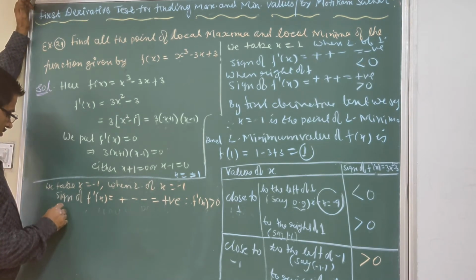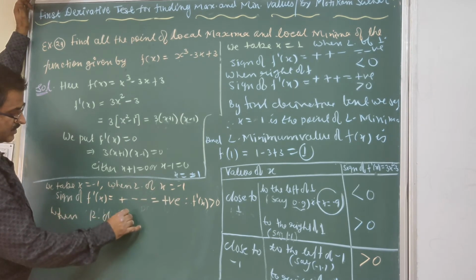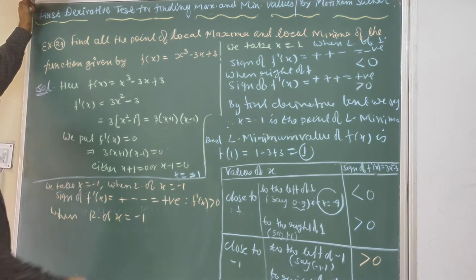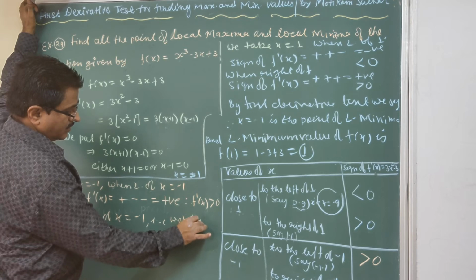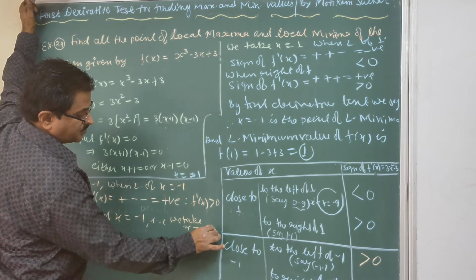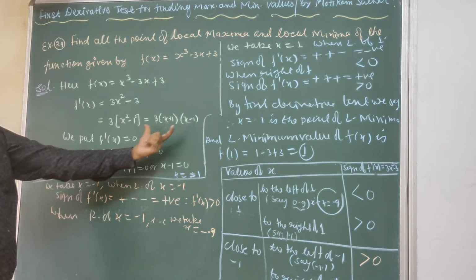Similarly, we will write right of x equal to minus 1, that is x equal to minus 0.9. So minus 0.9 we have put here.